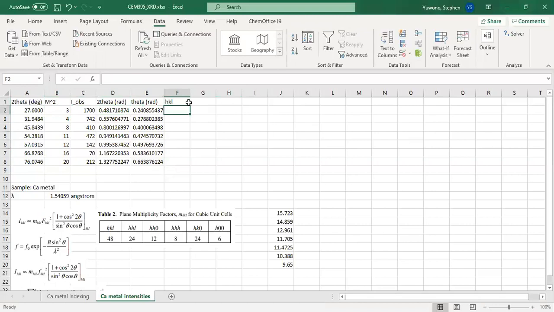For example, 3 corresponds to an HKL value of 1, 1, 1. 4 is 2, 0, 0, and so on and so forth. So we'll just fill this table. You can always look it up in table 1 on the handout. Here we have 4, 0, 0, and 4, 2, 0.